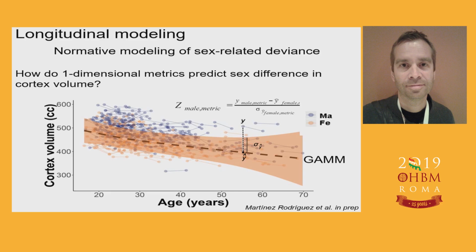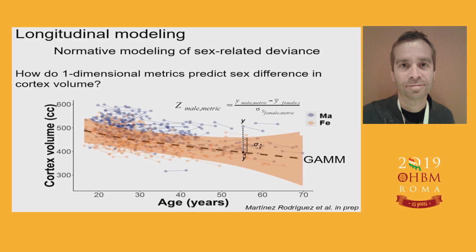So the females constitute our normative model. And we're going to see for every male the distance towards this fit. And as we also know, at each point of the normative fit, the standard deviations, we can actually calculate the distance in standard deviations of each male towards the female fit. So the Z-score that we get represents the deviation of each male towards the normative fit.